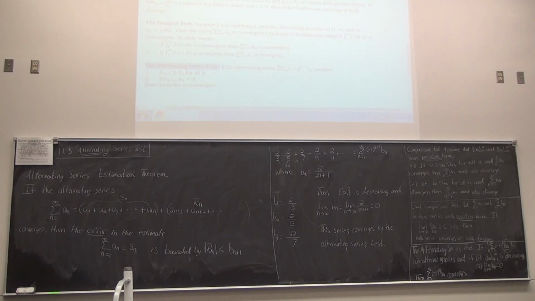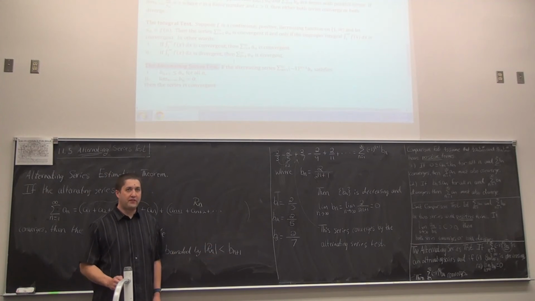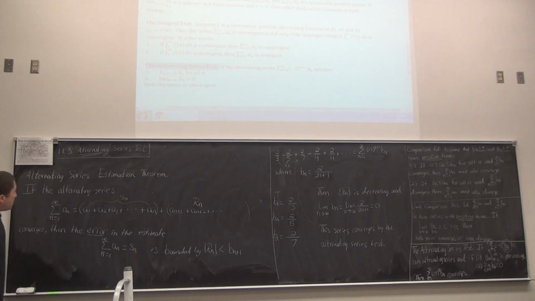So that's got to be the best formula ever, because if you think back to what we had to do with the integral test, we had an upper bound and a lower bound at the same time, and those were both definite integrals. However, if we're using the alternating series estimation theorem, then this is a much, much cleaner result. We just use the very next term to make that estimate.